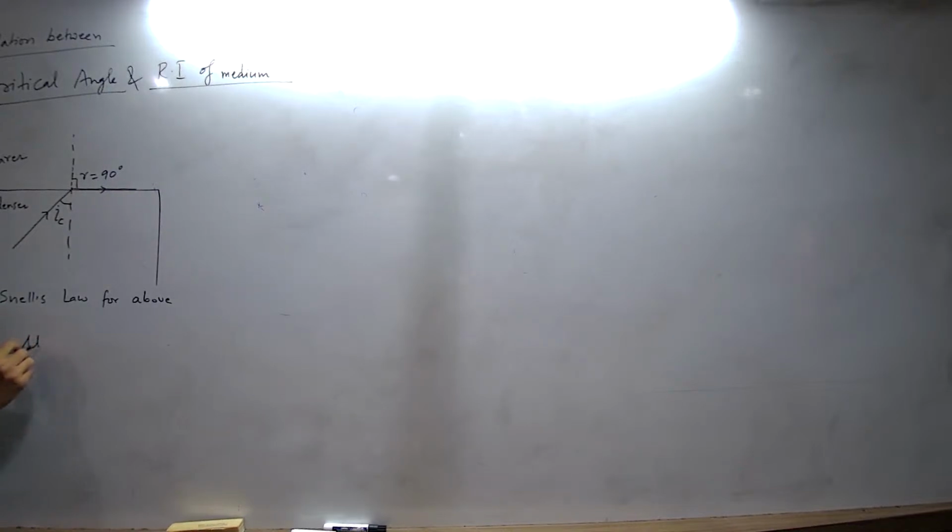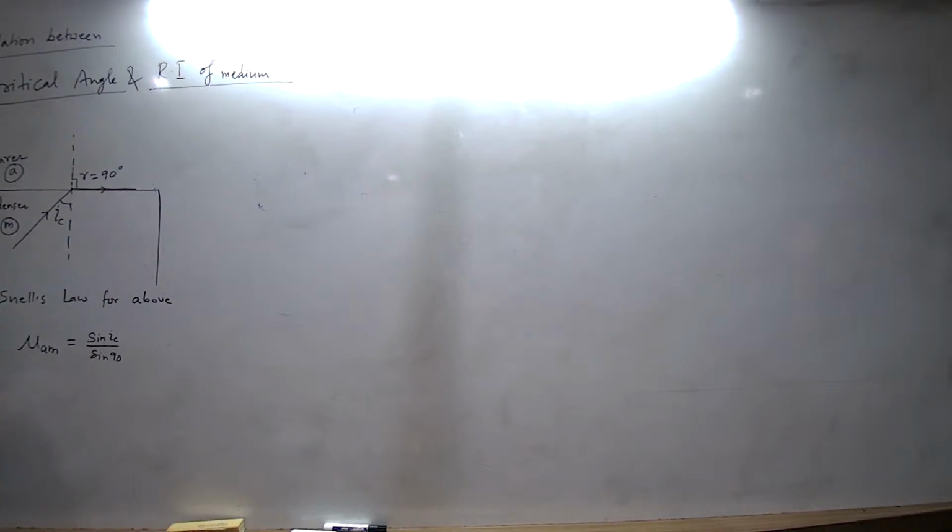Refractive index of, how will we write? 1, 2 or 2, 1? So this is air and this is glass, let us say. These are the two mediums, M and A. A is air. So how will you write it, AM or MA? AM. Correct. Second medium with respect to first medium. This is the first medium, M. This is equal to sine of IC divided by sine 90.